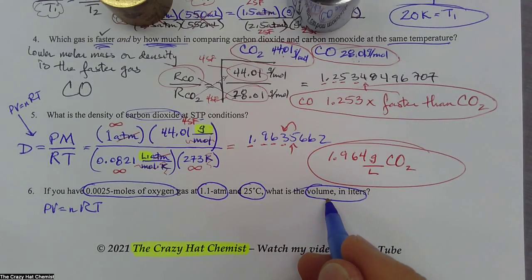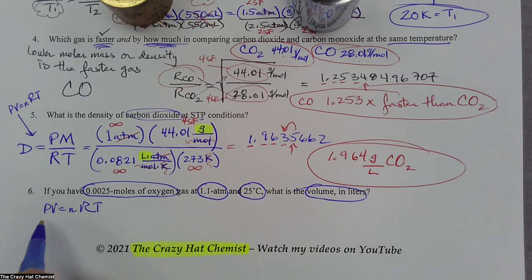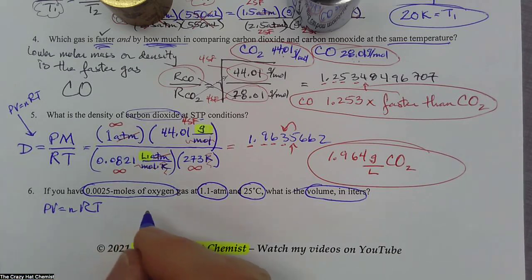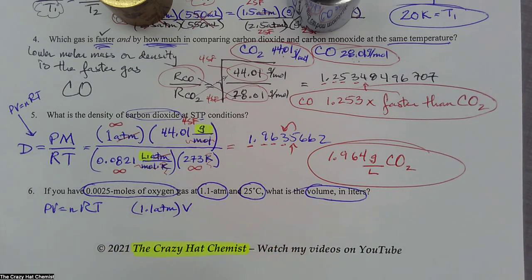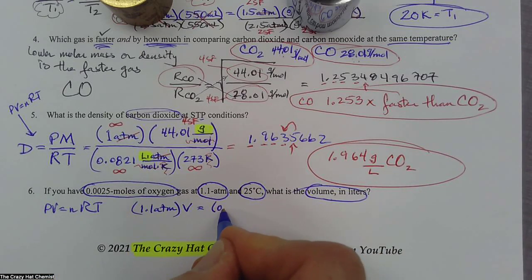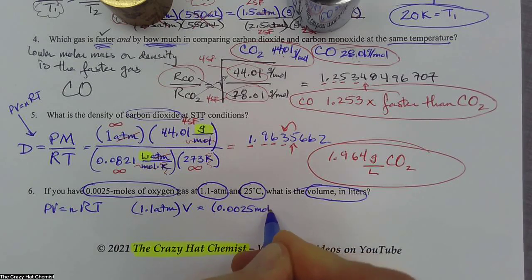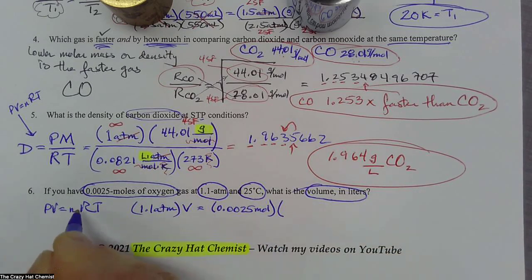What are we solving for? Volume. But I'm just going to plug right directly into this equation here. So hopefully you can do that as well. Okay. P is for pressure, and that is 1.1 atm. The V, the volume, I'm solving for that. The n is the moles of gas, and that was given at 0.0025 moles. And then we have the gas constant.